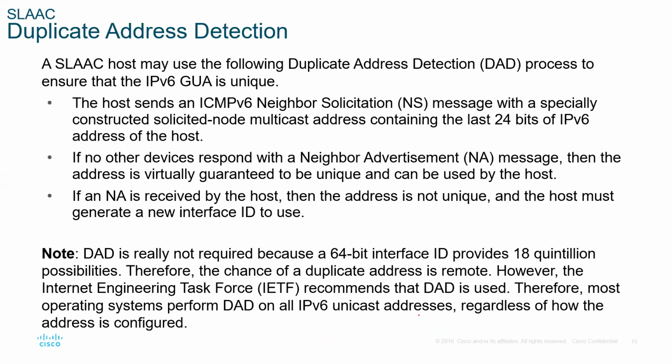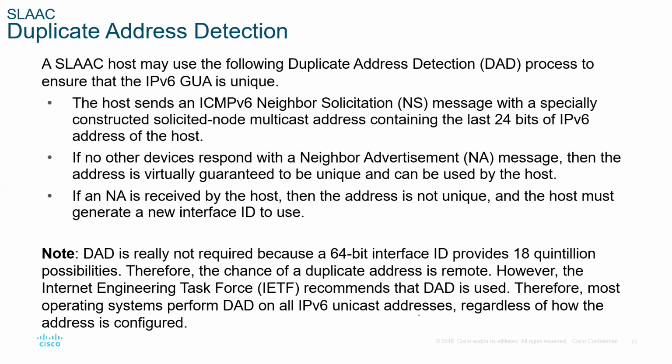Then we have the duplicate address detection. This is a method which hosts use to see if an address is unique. So after a host has been given an IPv6 address via the three methods discussed, it will perform the duplicate address detection.